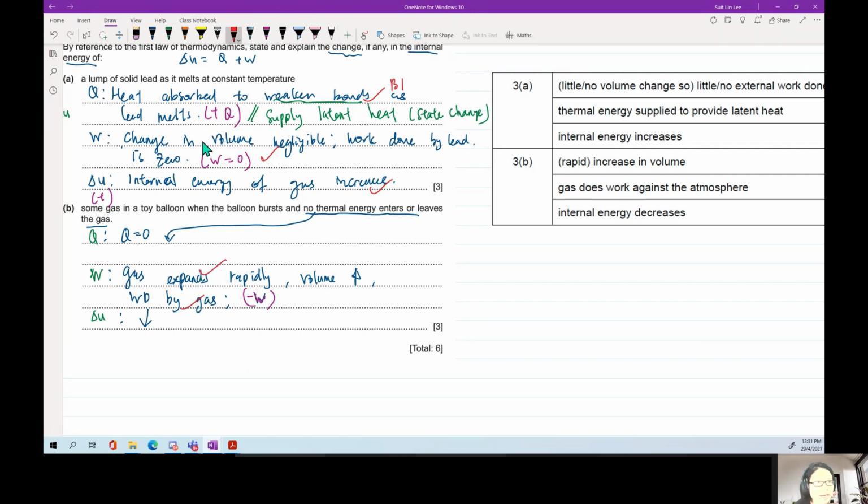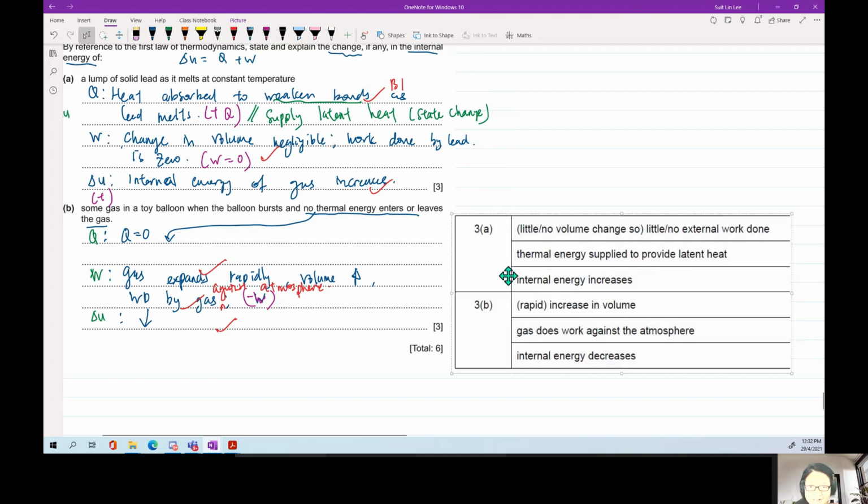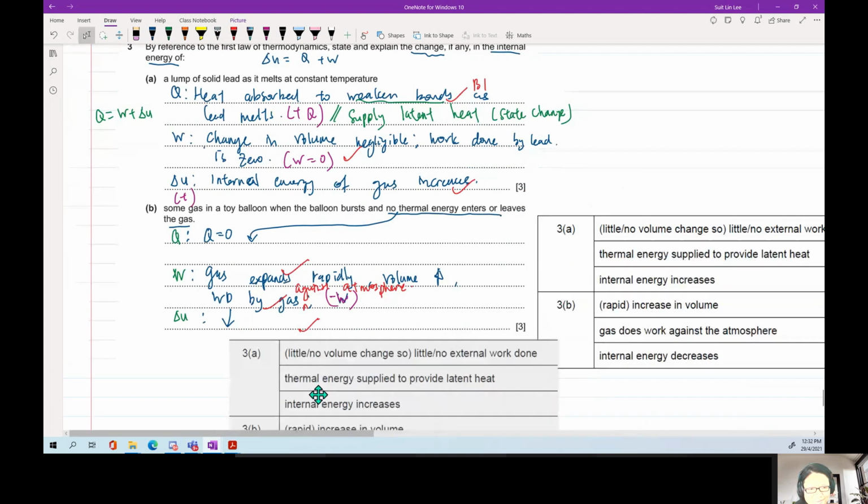If work is done by gas, they want me to write against atmosphere. That would be more complete. Then the internal energy decreases. This part here, no mark, because they already mentioned it, so they took away the mark from you. So maybe 5 out of 6 or 6 out of 6, depending on how lenient the examiner is.